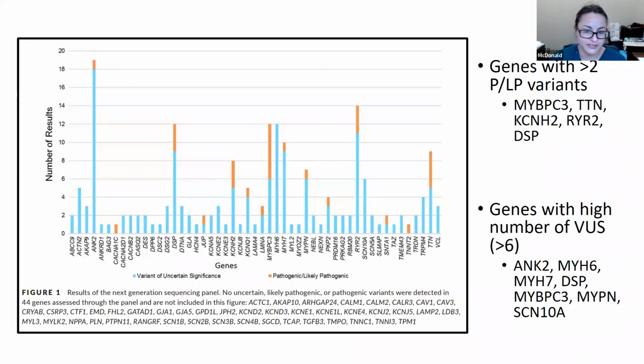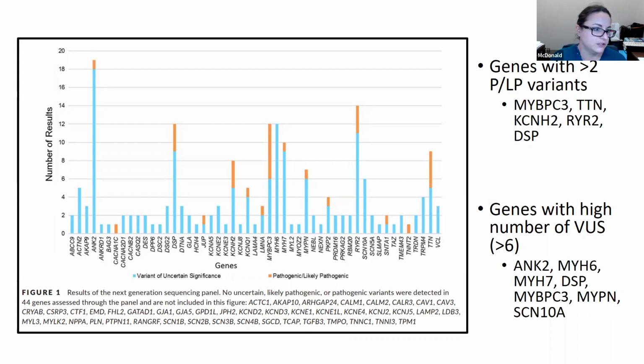So here's just a breakdown of which genes they did find variants in, and whether they identified a VUS or a pathogenic, likely pathogenic. So the VUS is the blue, and then the orange is the pathogenic. So some of the genes had more than 2 pathogenic variants. Those are listed there on the right.